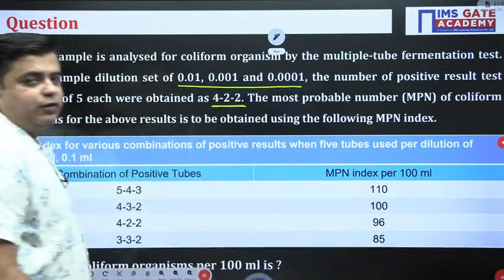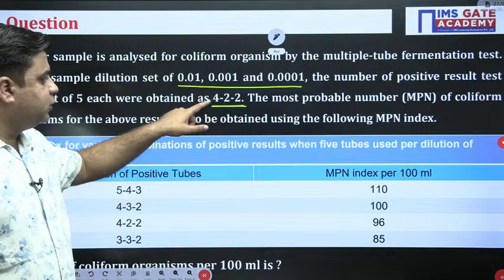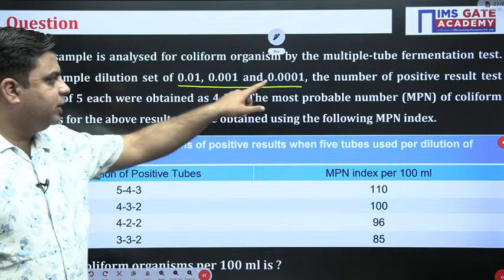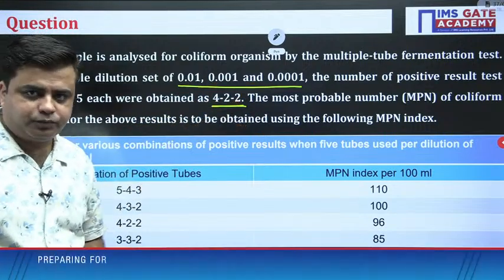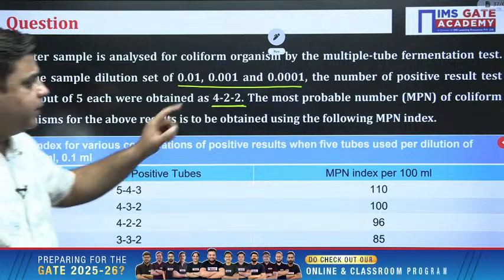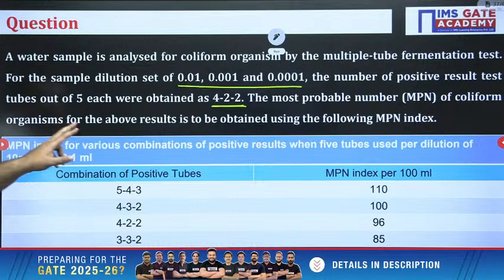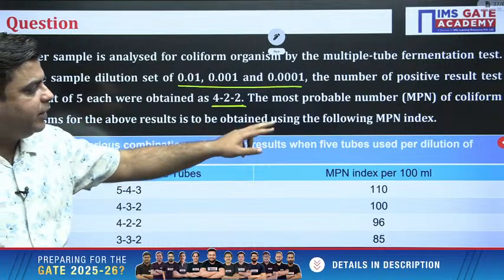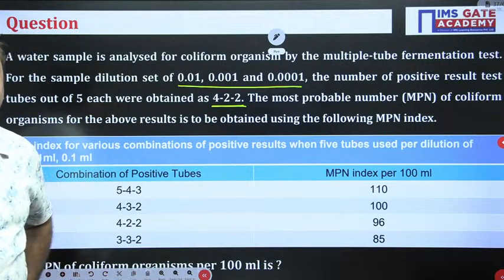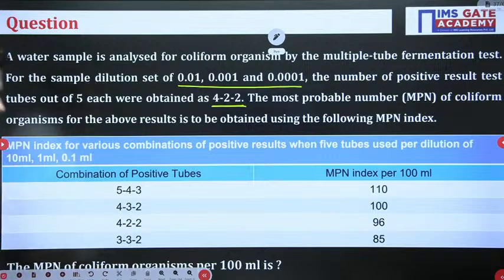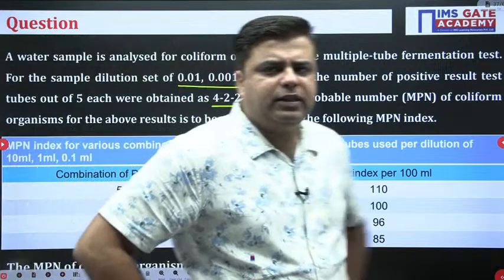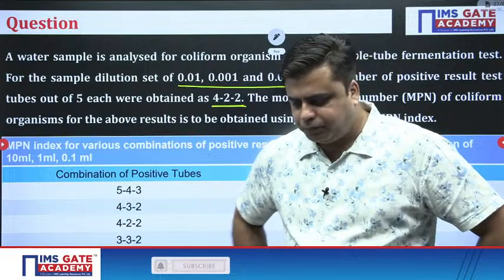Number of positive tubes for first dilution is 4, second dilution is 2 and third dilution is also 2. Now, the most probable number of coliform organisms for the above result, using the following MPN index, is? So whenever this type of question comes from the MPN, these are the easiest questions, right?